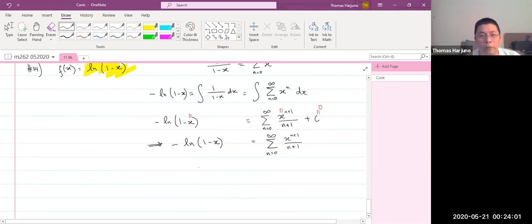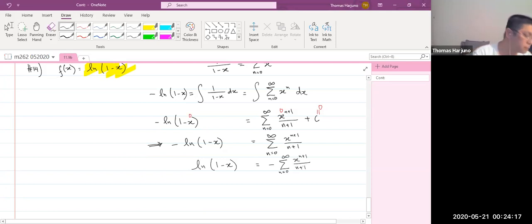Now I will move the negative. So natural log of 1 minus x will be the negative of that power series. That's the question for part A.